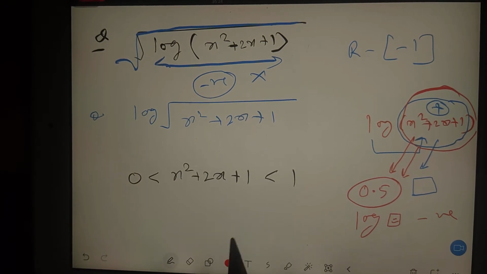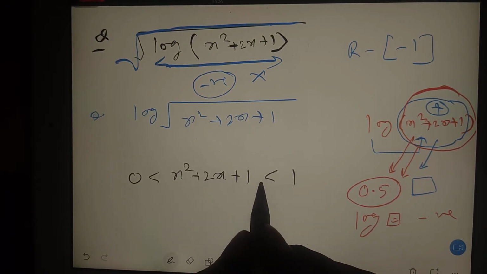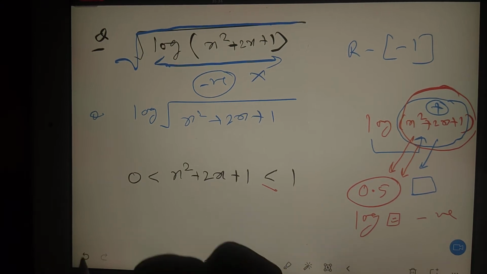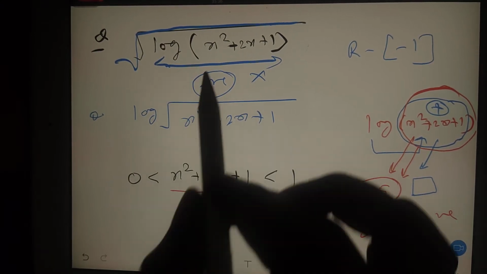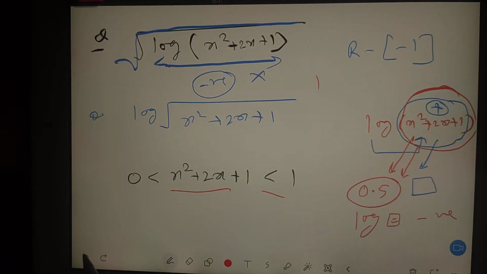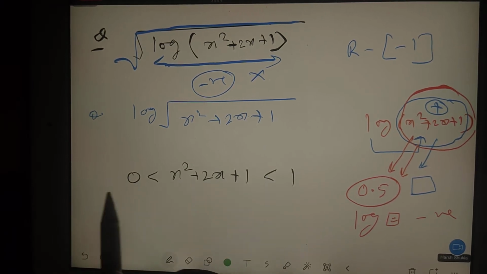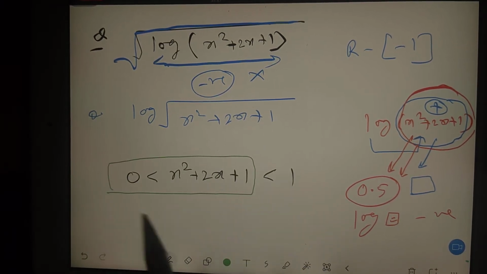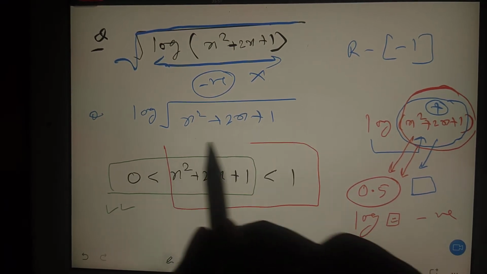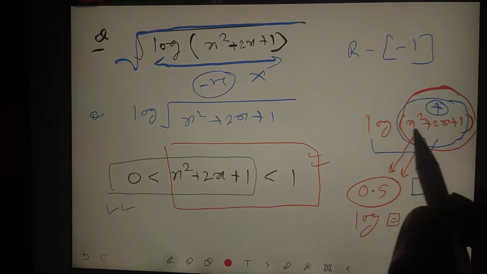Okay, less than 1 means, can I put here equal to 1? For equal to 1, I don't have any problem. That's why I'm not putting it, because if this total answer goes equal to 1, then log 1 is equal to 0, and for 0 root is defined. So that's why I'm not putting an equal sign here. So now with this condition, I will find my separate set of values, and with this condition, I will find my separate set of values.